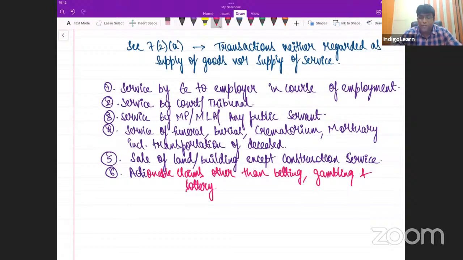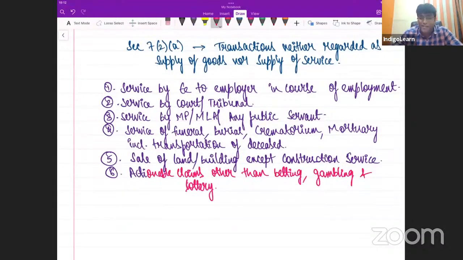So this is a story of which section, my dear friends? Section 7(2)(a). Which stands for what? Transactions which are neither regarded as supply of goods nor supply of service. How many points are there, sir? 6 points are there. What is the first one? Service by employee to employer in the course of employment. Then services by court or tribunal.